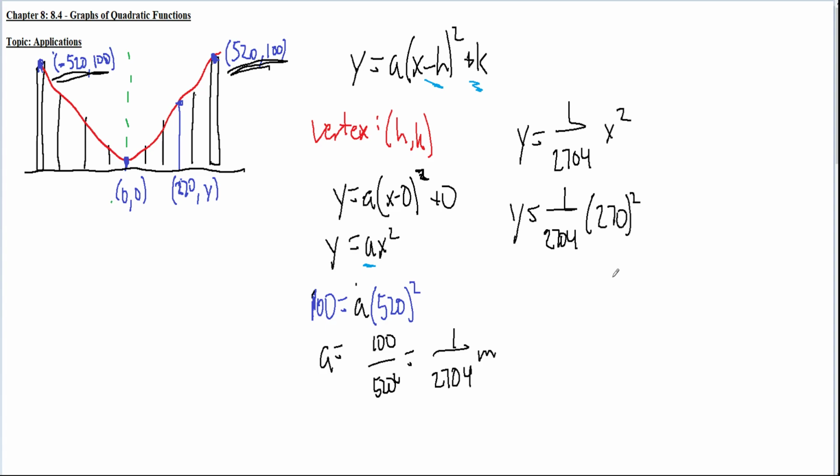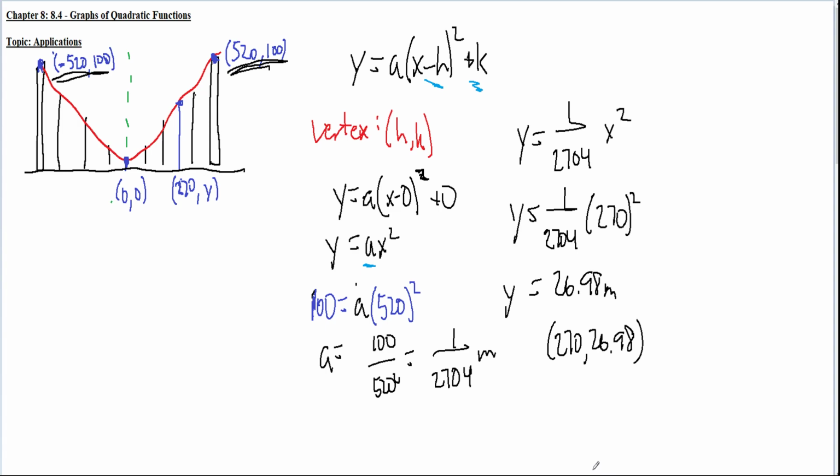And so this simply means that y is equal to 26.98 meters. So that's the height of the rope when we're 270 meters out. So that right there would be the point.